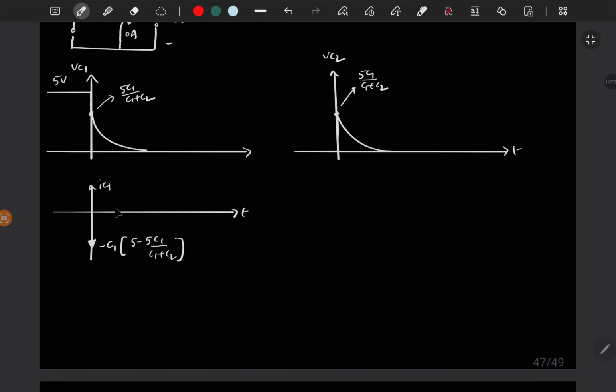C1 times this change in voltage, and since this capacitor is discharging, you will get negative current through capacitor C1, and it is going to 0. So this magnitude also you can find. So this amplitude and this magnitude should be different.